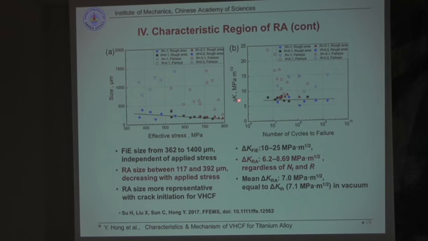And also the delta K, the stress intensity factor range for the RA region, is quite stable between 6 and 9 megapascals per square root meter. This value is almost consistent with the value of the crack initiation in vacuum for titanium alloy.